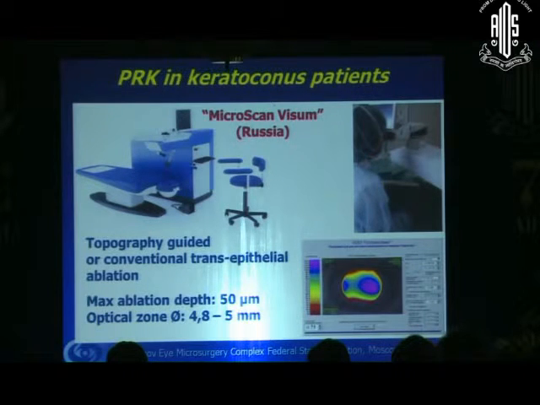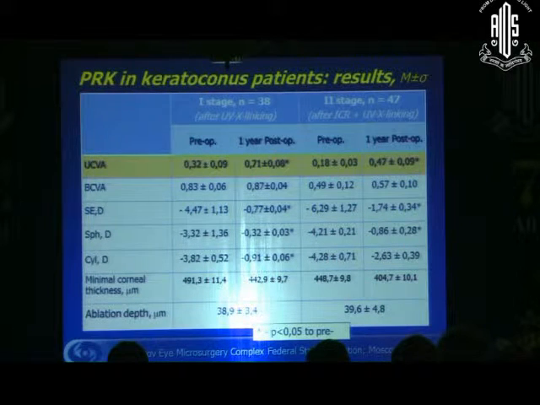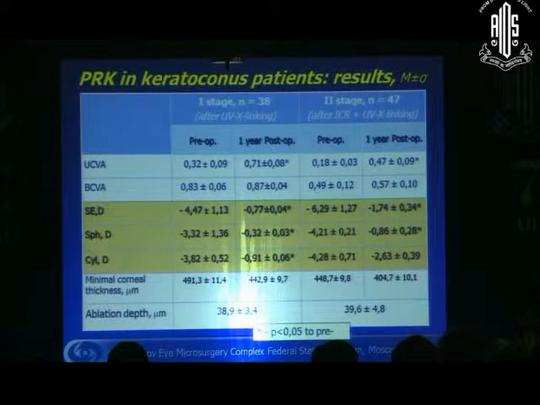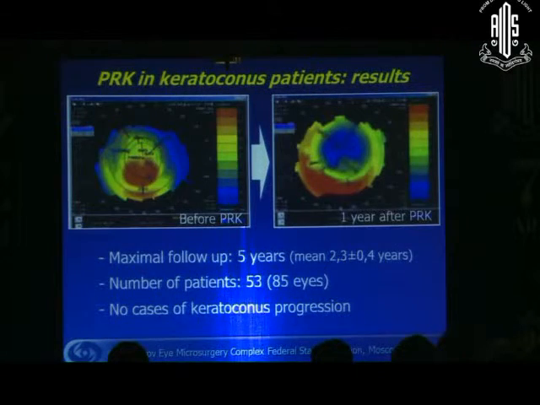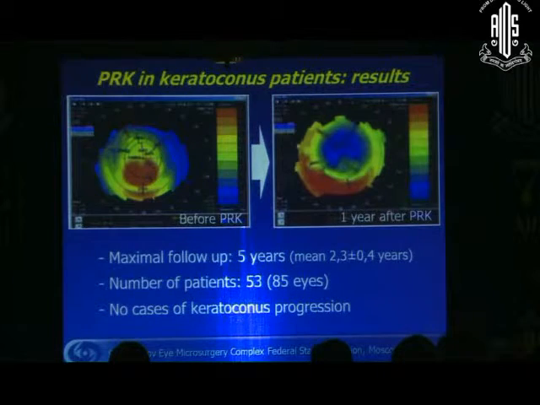In case of high irregularity of the cornea, we perform a topography-guided procedure, but maximal ablation depth should not be more than 15 microns. These results show that one year post-op we have a significant increase of uncorrected visual acuity, a significant decrease of refractive errors, and mean ablation depth is about 40 microns in all groups of operated patients.